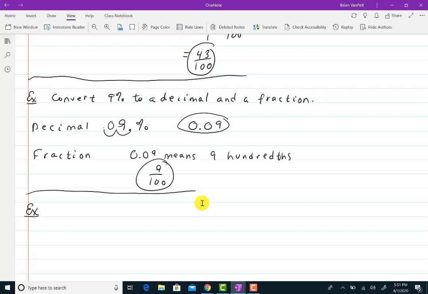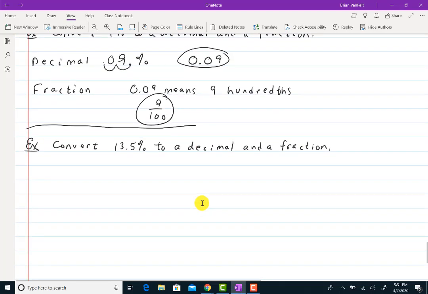This time, let's convert 13.5% to a decimal and a fraction. So we'll start with the decimal, and you take your 13.5% and you move the decimal to the left twice.